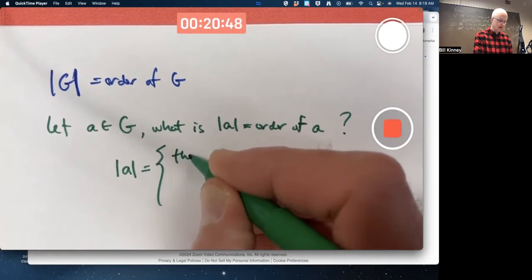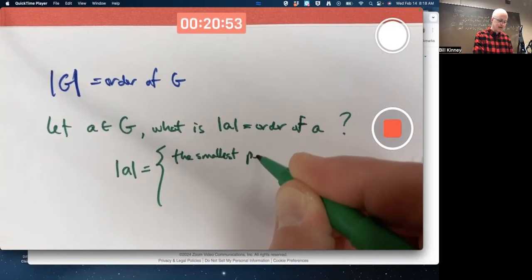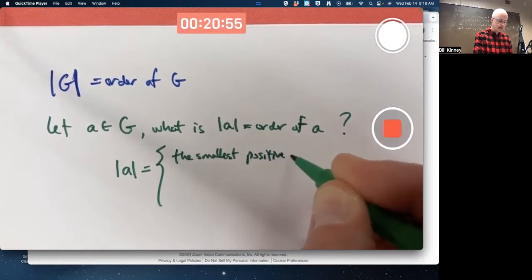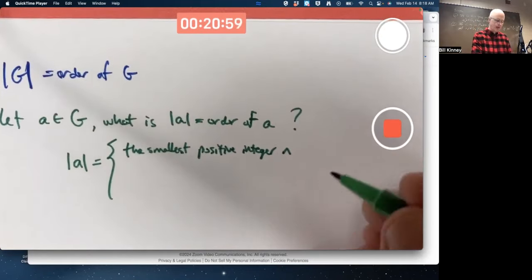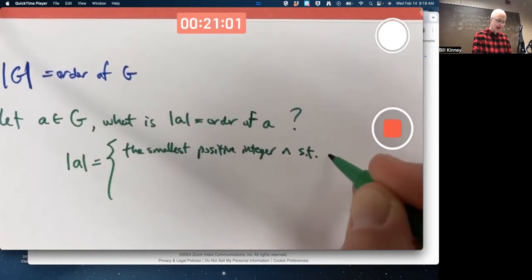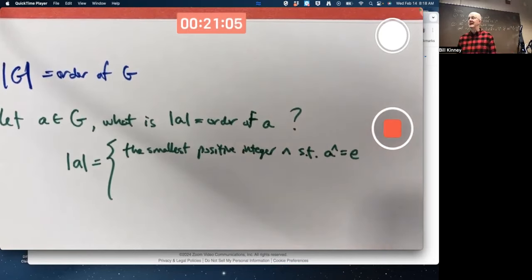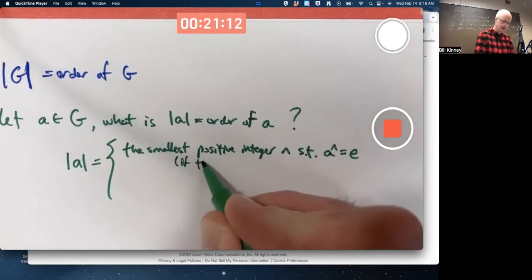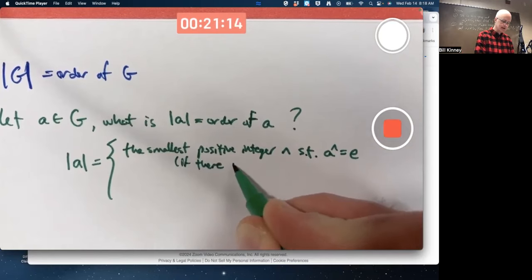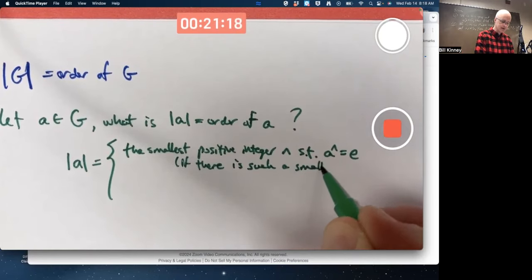It's the smallest positive integer n such that a to the n is the identity, if there is such a smallest positive integer.